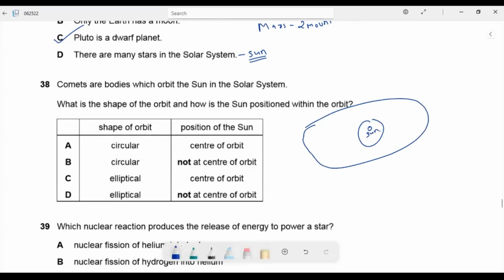Comets follow an elliptical path around the Sun, and the Sun is located at one of the foci of the elliptical orbit. This means that the Sun is not at the center of the orbit. So the right answer is D. The shape of the orbit will be elliptical, but the Sun is not at the center of the orbit. It is located at one of the foci.